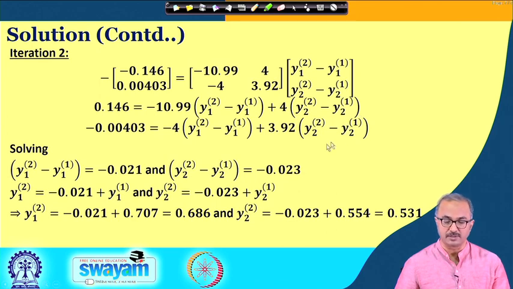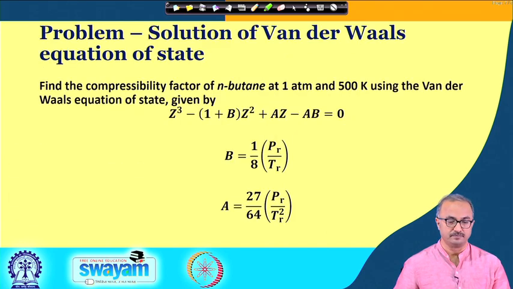From these two expressions, we can find the values of y1 and y2. Again, you can see here that because Newton-Raphson is quite effective if we are nearby the root, the way these two values are trying to converge. So, this you can carry forth to get the actual solution.